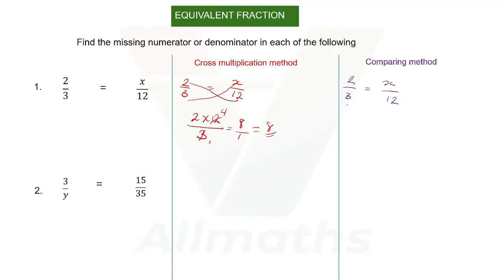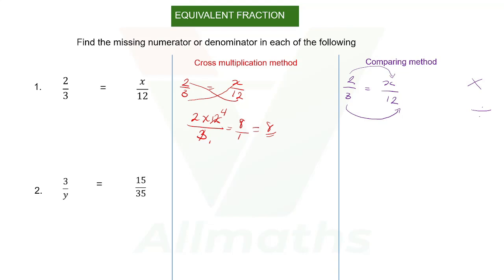So you ask yourself, what has happened to 3 that made it 12? Note, whatever has happened to it is either a multiplication or a division, not addition or subtraction. Whatever happened to 3 that made it 12 must happen to 2 to give us our x. It's as simple as that.